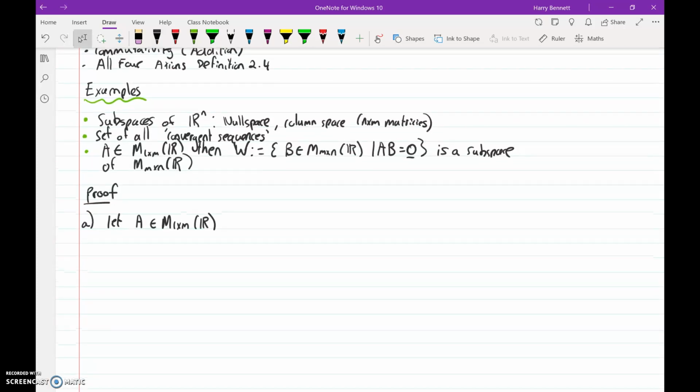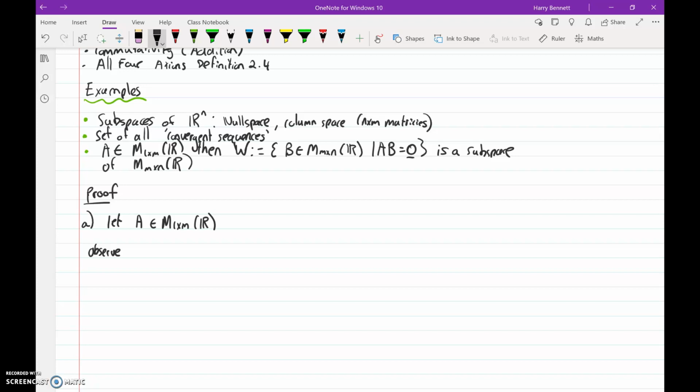We need to prove that the zero vector is in this. Well, this is not that hard, because if we take A, just observe that A times, oh, by the way, I made a little error.